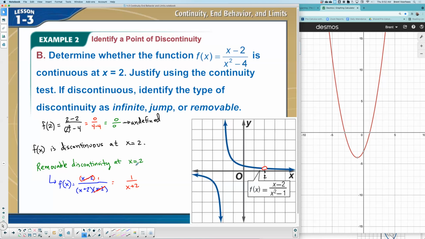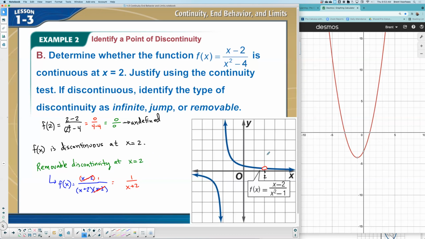If you're going, why is it x equals 2 when it says x minus 2? Because to get 0 here, you're not allowed to divide by 0. On this particular value that does get simplified or removed, x would have to equal 2 to make it 0 in the parentheses, because it's 2 minus 2. You see how 2 minus 2 would give me 0? And that's why it's a positive 2 there. And we call it removable because it got removed out of there.